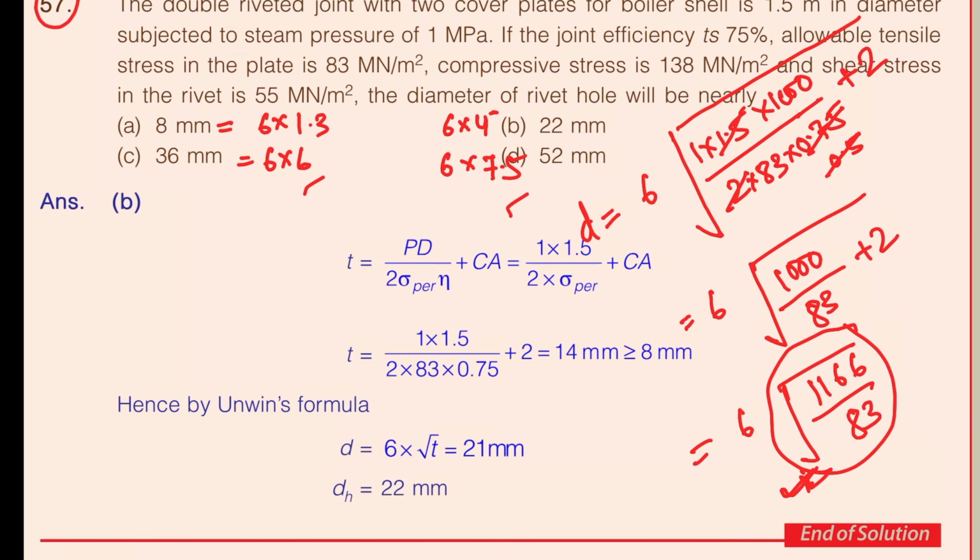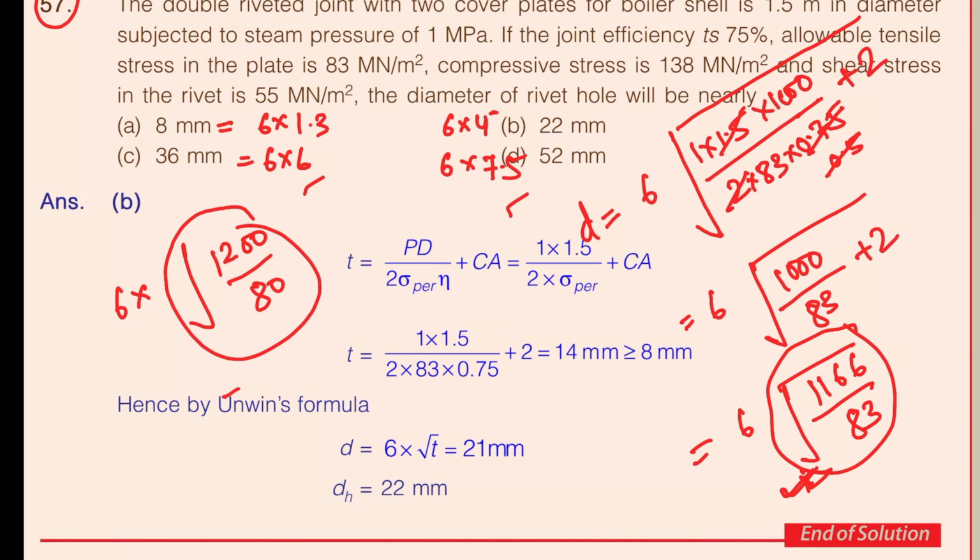Still we are having two options which we need to eliminate from. So let's see what value we are getting over here. 6 multiplied by root over, assuming that this is somewhat 1200 and this is somewhat 80, so this value is almost equal to 30 by 2.